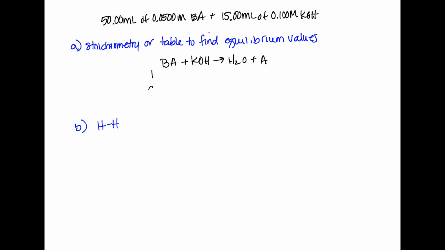Now initially, I have a certain amount of benzoic acid and KOH, and they haven't made any of this. And we actually did a calculation to find out how many moles 50 milliliters of a 0.05 molar solution was, and it was 0.0025 moles. And in our previous example, we figured out how many moles 15 milliliters of a 0.1 molar KOH solution is.